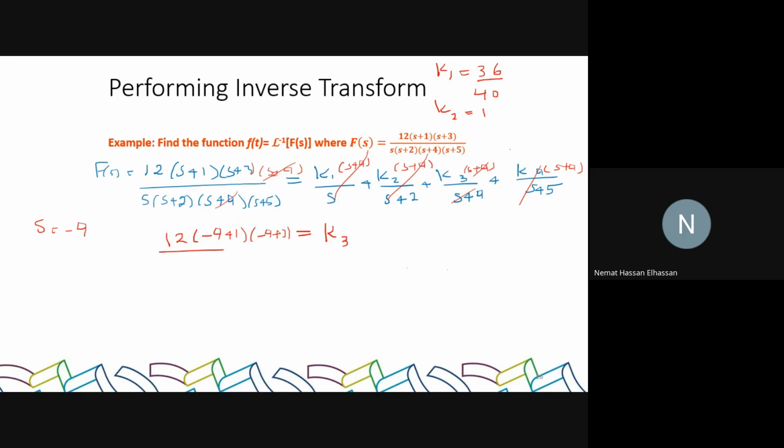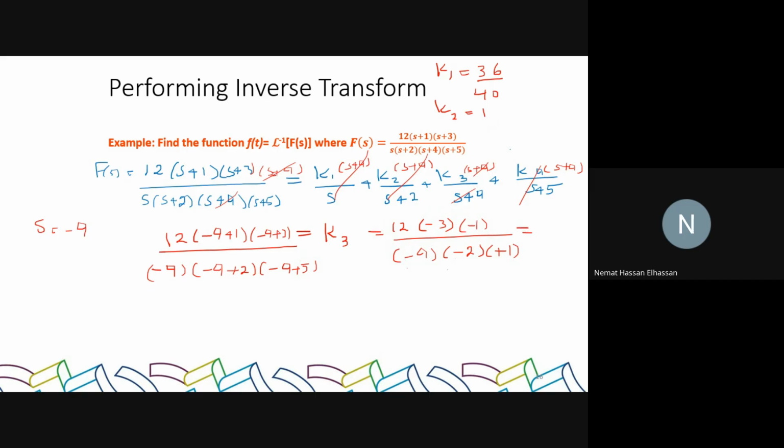minus 3 divided by, which is equal to what? 12 times minus 4 plus 1 is minus 3, minus 4 plus 3 is minus 1, divided by minus 4 plus 2 is minus 2, and plus 5 is 1.